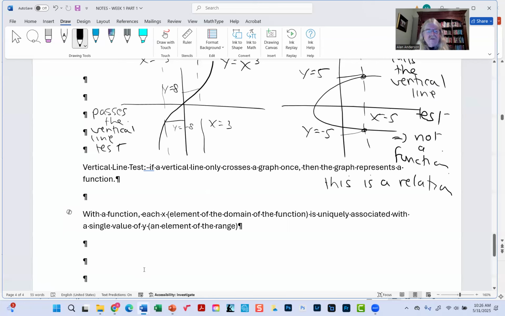And just as a quick reminder, the domain is the set of x values for which the function is defined.